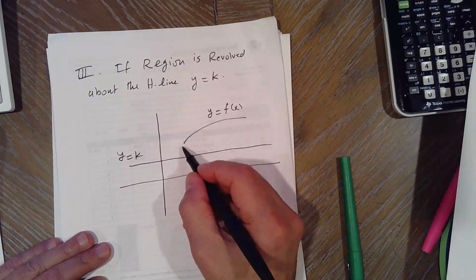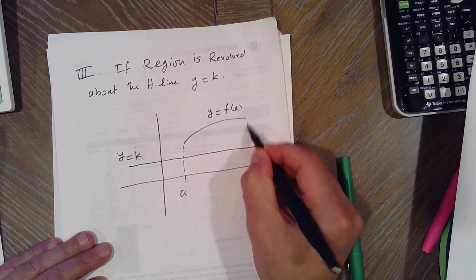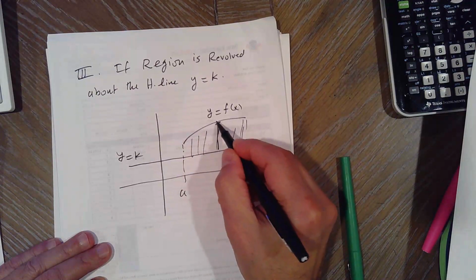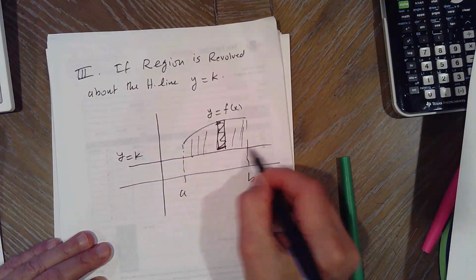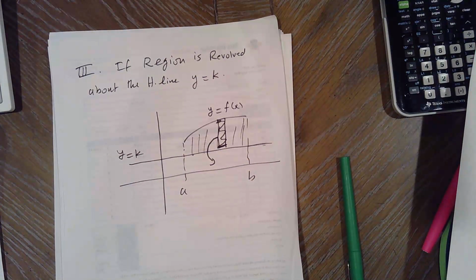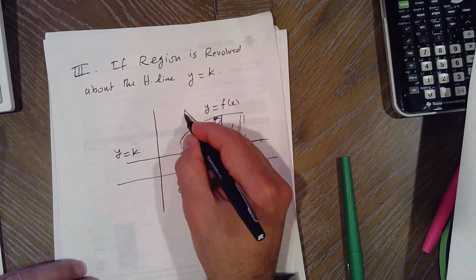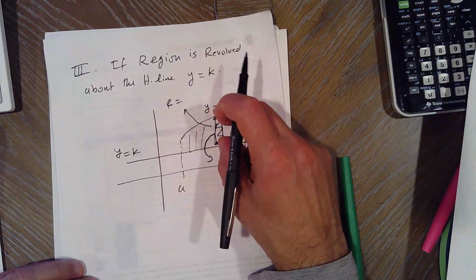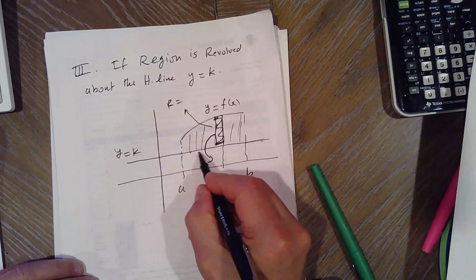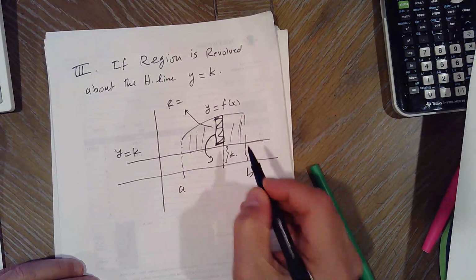So if I take between a and b this region and do a cross section perpendicular to the line y equals k and go around the line y equals k, that's the radius. And the radius here is not f of x; all this is f of x, then we subtract k from that to get the radius.